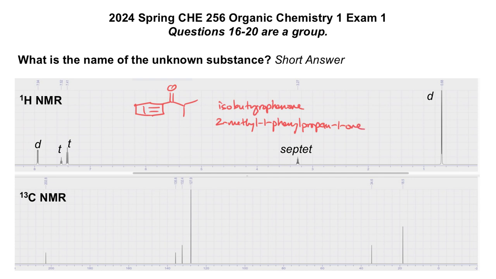So again, with nomenclature, a number is separated from a letter by a hyphen. So see these letters L and P, they're separated by hyphens. They've got the number in the middle. And as we said in class, with the newer IUPAC rules you put the 1 before the main functional group at the suffix of the name. The older ones would put the 1 in front of the largest carbon chain count. If you added commas or spaces or extra things like that, you did not get full points for this.